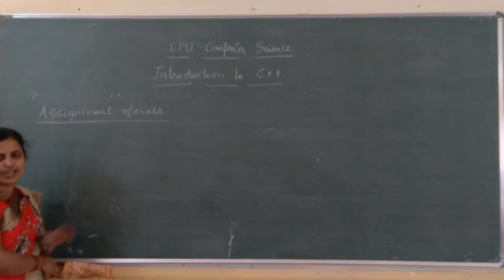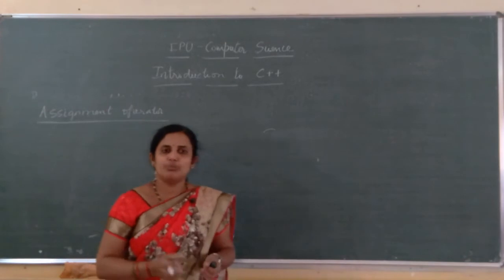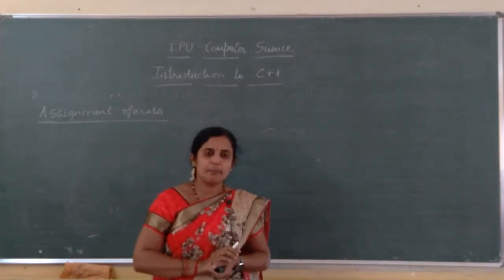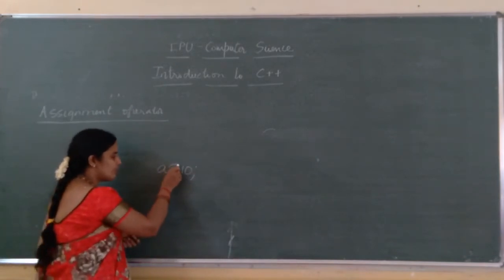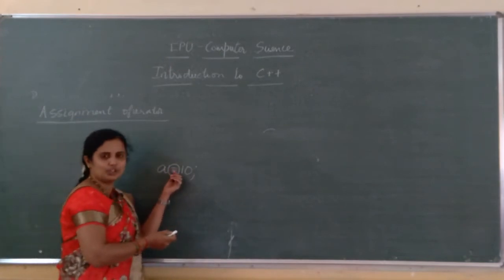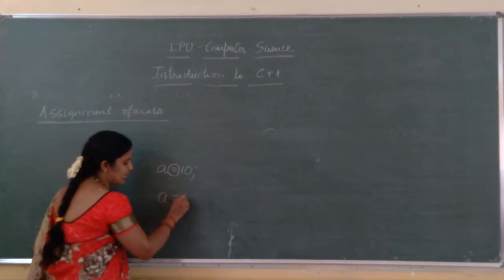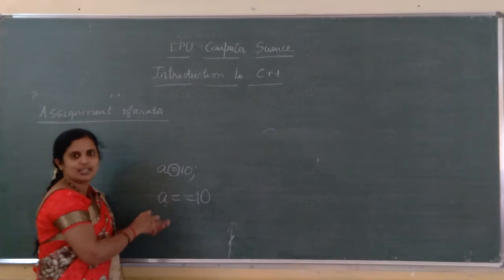To give a value to a particular variable, we use an assignment operator. Suppose if I write a is equal to 10, this operator is there, no? Usually in mathematics we say it as an equal to operator, but in computer science, if I want to say equal to, I have to write like this, a is equal to 10.